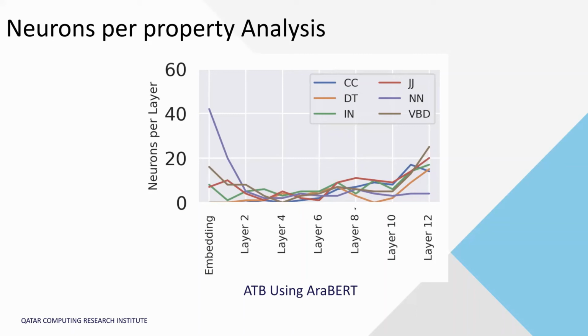So here we know that, for example, AraBERT is only trained on MSA, and although there is the same behavior from the beginning, they do have many neurons in the embeddings that contribute, but also the last layer has neurons involved. But in the middle there is a very limited number that is involved.